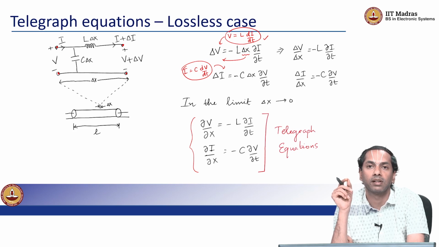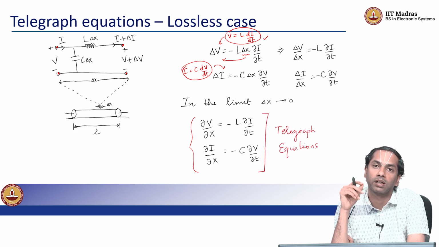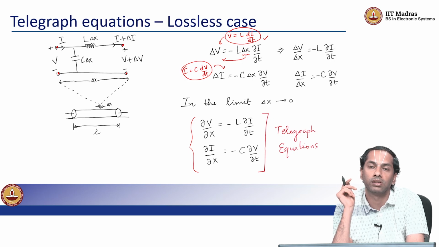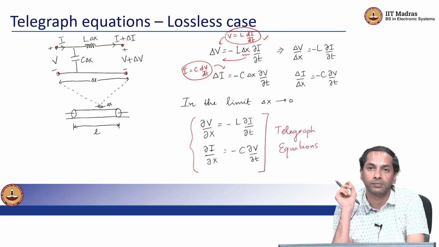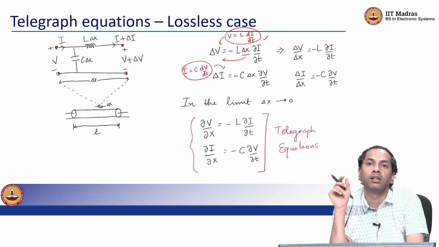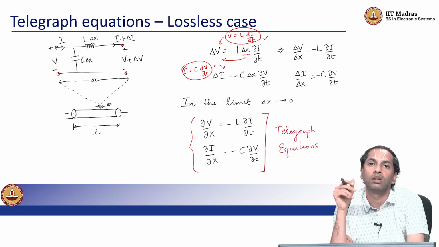When does this happen? This happens when the rate at which I am fluctuating the voltages and currents at the source is extremely rapid, and the sense of rapid comes from the speed of light delay when compared to the time period of your source. When the speed of light delay between the source and the load is a significant fraction of the period of your voltage or current, then we should allow for voltages and currents to be functions of space dimension, right.